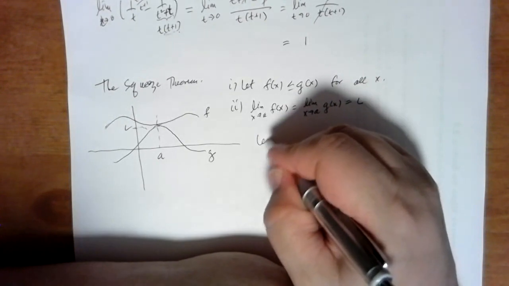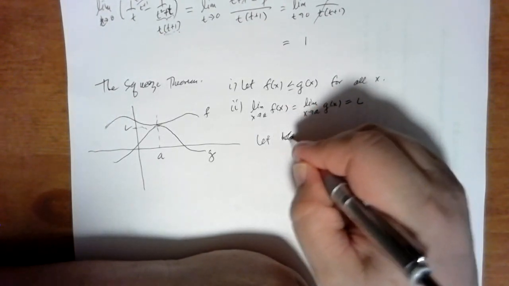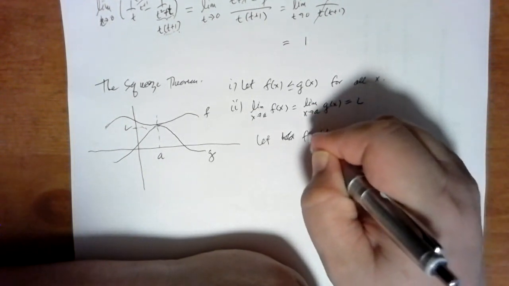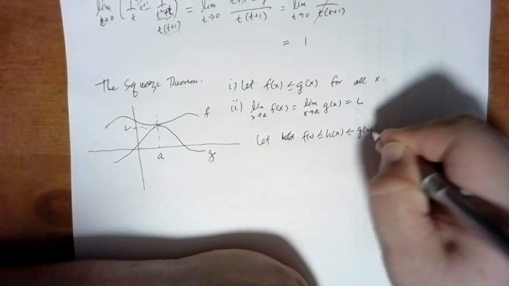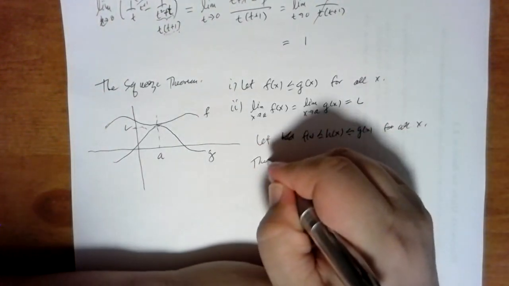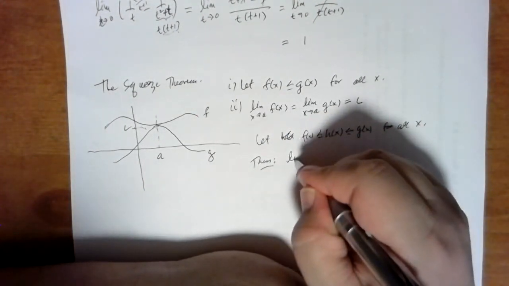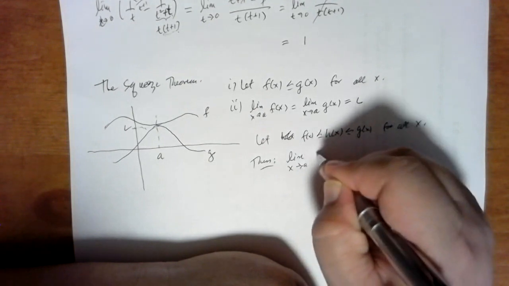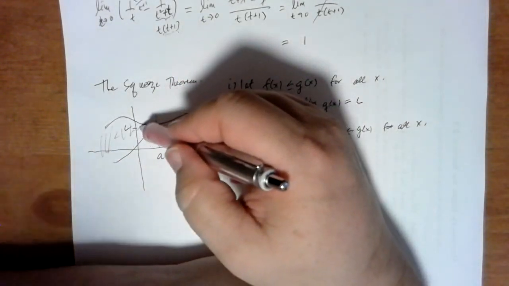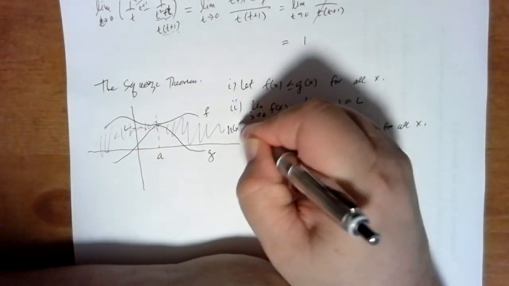Now, let h of x be squeezed between f of x and g of x for all x. Then our conclusion is going to be, what is the limit as x approaches a of h of x? So in other words, h of x is anywhere inside between these two functions. So this is my h of x.